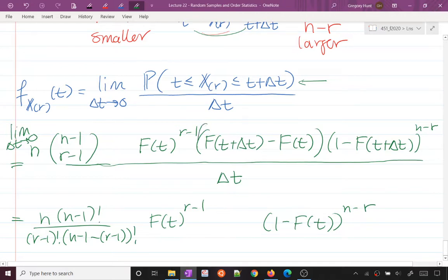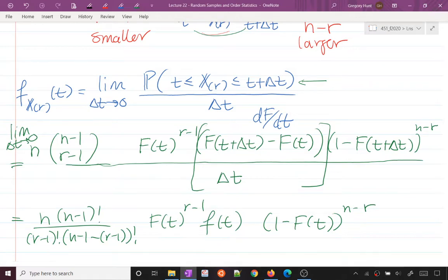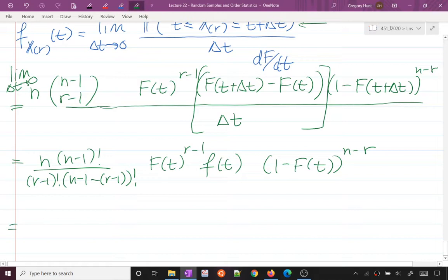And if I block off this part here, that is basically the derivative. This is going to be dF/dt, and we know that the derivative of F is little f of t. So our final formula is n times n minus 1 factorial, which we can write as n factorial, over r minus 1 factorial, n minus 1 minus r minus 1 just becomes n minus r factorial.